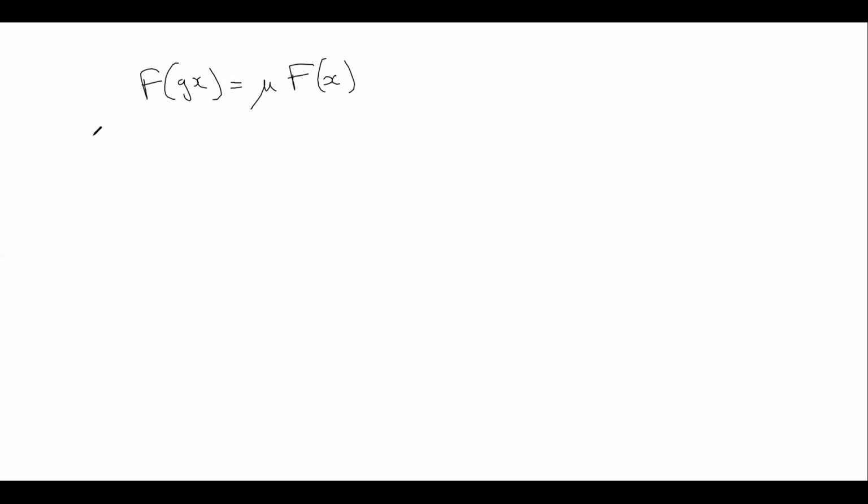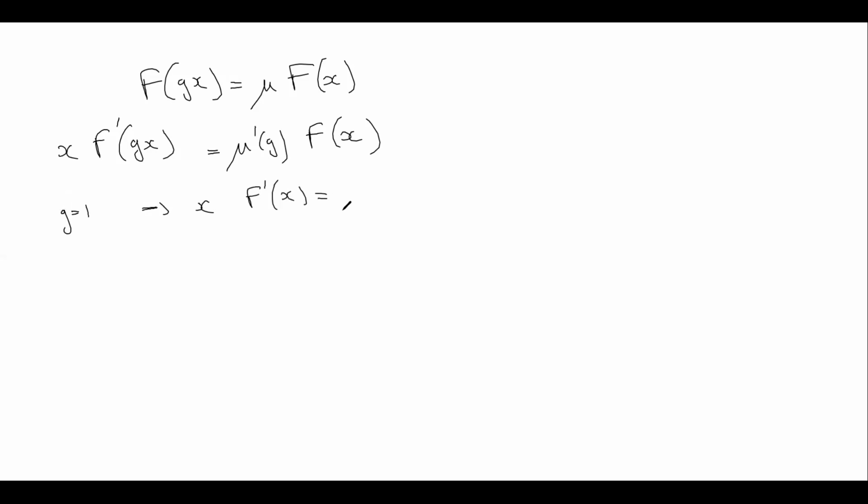So let me derive it with respect to g. I get X F prime of gX is equal to mu prime of g, F of X. And I can now take the expression when g equals 1. So I end up with X F prime X is equal to mu prime of 1, say, F of X.